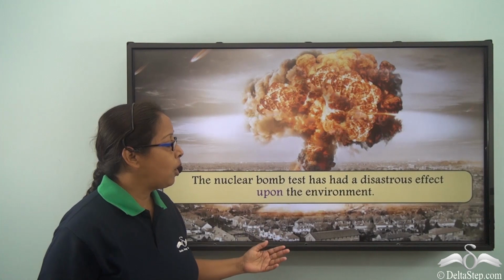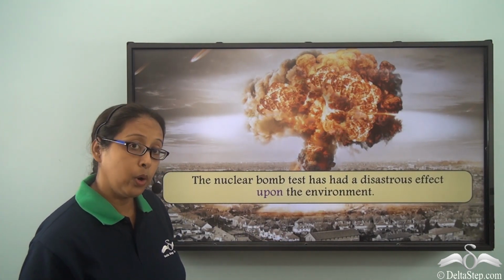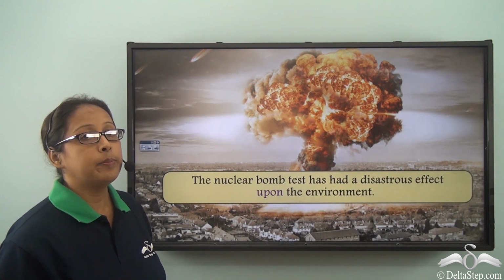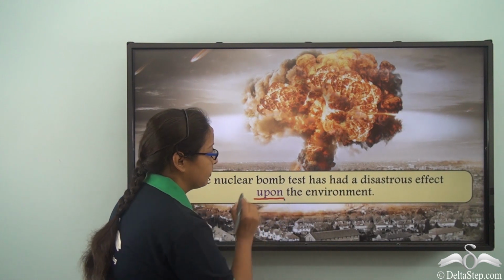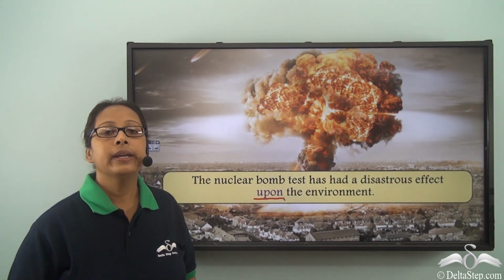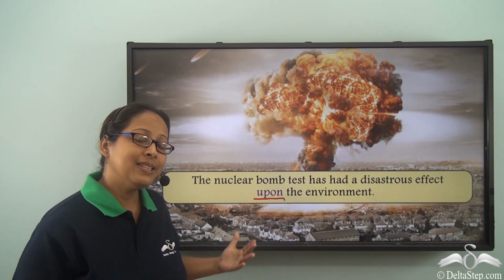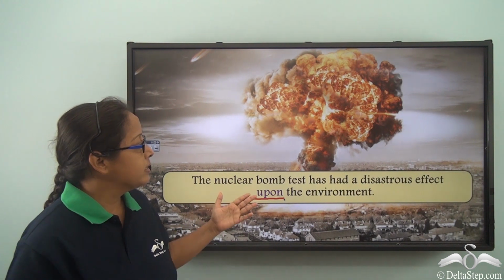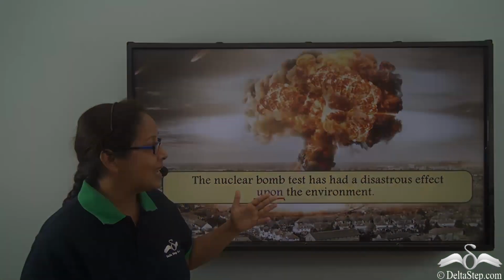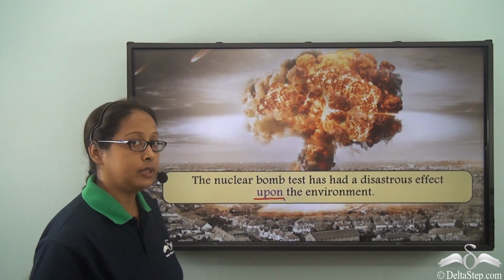The nuclear bomb test has had a disastrous effect upon the environment. So the preposition in the sentence is upon. When we use upon here, it doesn't mean something is on top of, but it means it produces a result. So this nuclear bomb test has produced a disastrous effect on the environment.